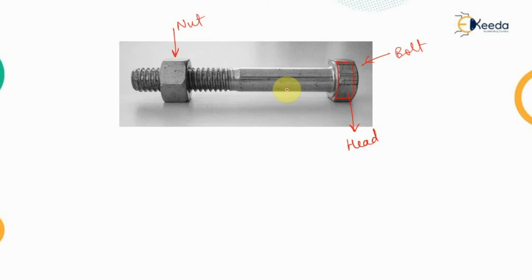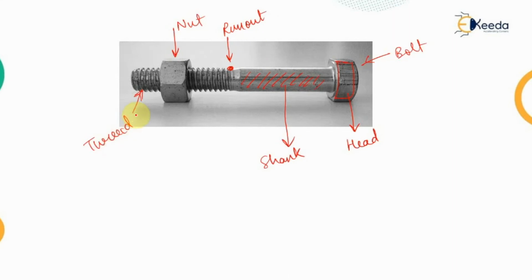The total portion which is not threaded is known as the shank, while the portion on which these threads, these cuts, are provided is known as the threaded area of the bolt. And the point at which the thread and shank meet is known as the run out section.